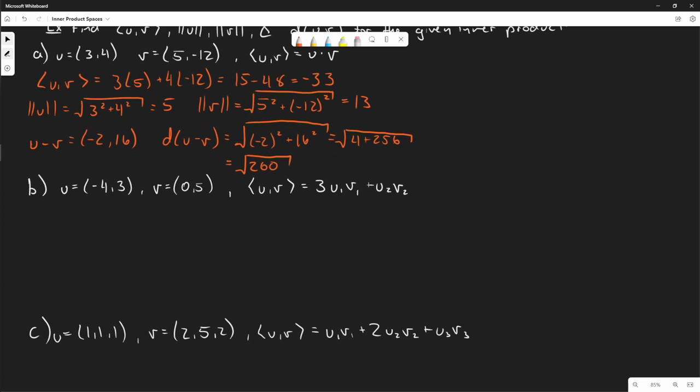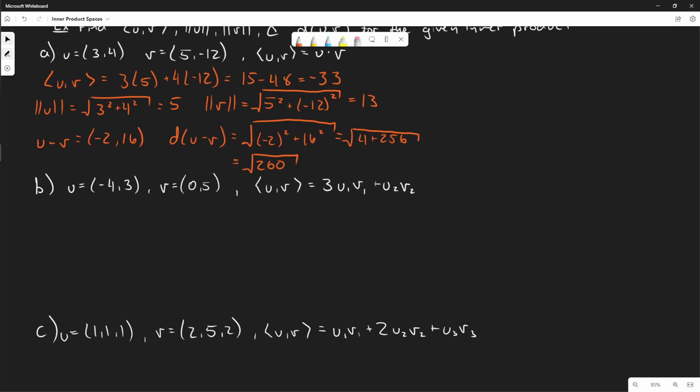Cool. That was fast. Well, it's just a regular dot product. The next one. So now we're given, again, two vectors. u is (-4, 3) and v is (0, 5). And their inner product is 3u1v1 plus u2v2.